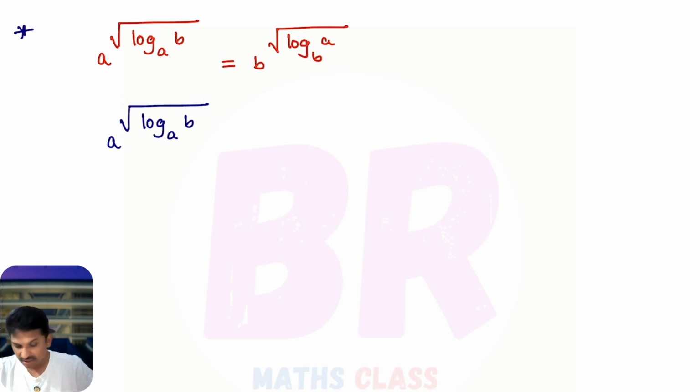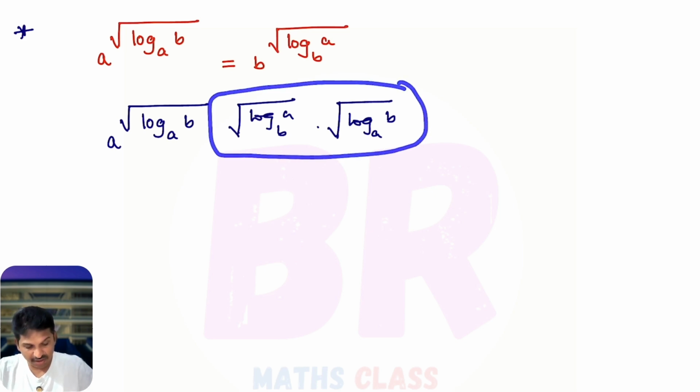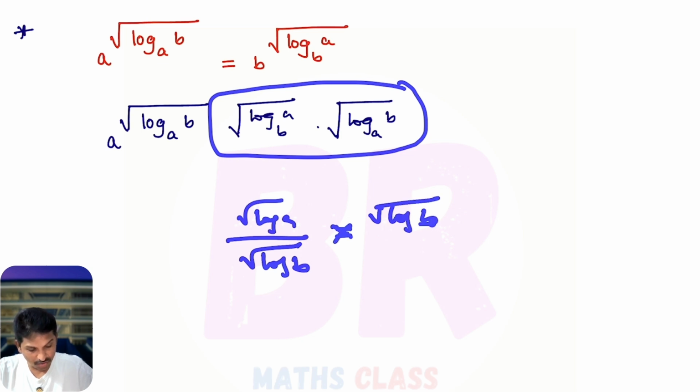So that 1 can be written as root over log a base b into root over log b base a. You see, this is nothing but 1 only. This can be written as root log a divided by root log b, and this can be written as root log b divided by root log a. These things will get cancelled. You will get 1 only.